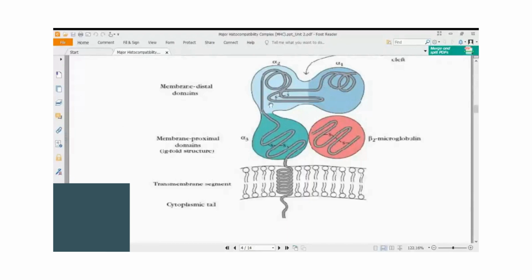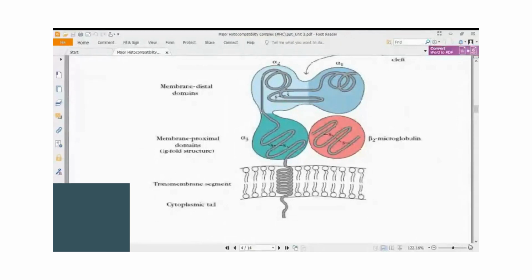The transmembrane domain, in the membrane region of the cell, is about 40 amino acid residues, and the cytoplasmic domain is 30 amino acid residues, and that is responsible for signal transduction. By having this constitution, the class 1 MHC molecule is responsible for presentation of the self antigens.